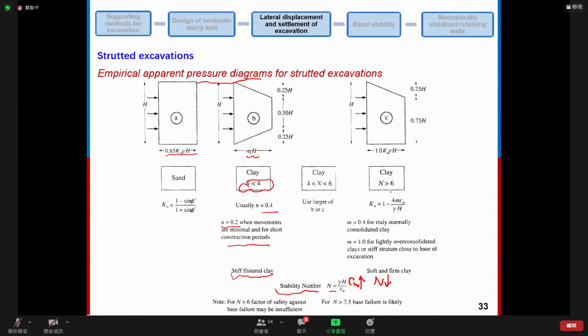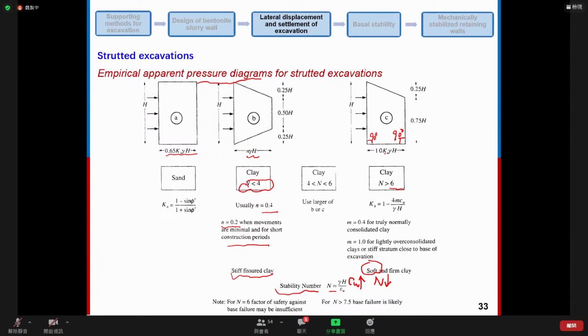And if the soil has a stability number N larger than 6, we consider it as a soft clay. Okay, so the apparent pressure diagram is of a right trapezoidal shape. So this angle is 90 degrees.